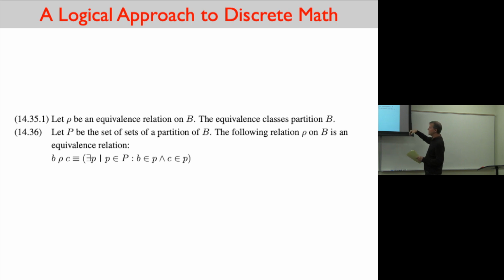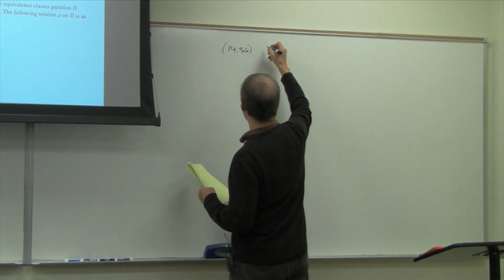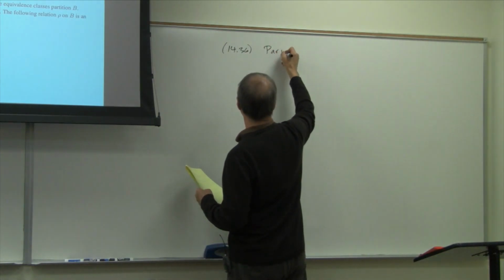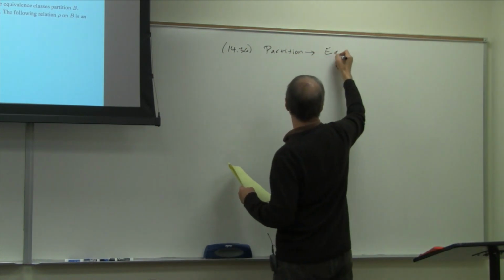Given a partition, it defines B rho C as the relation based on that partition, and the claim is that rho is an equivalence relation. Okay, so 14.36 goes from a partition to an equivalence relation.